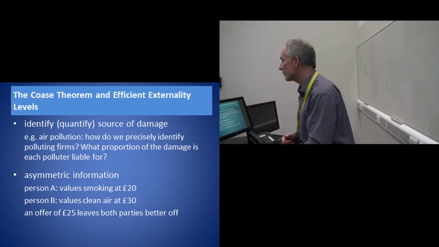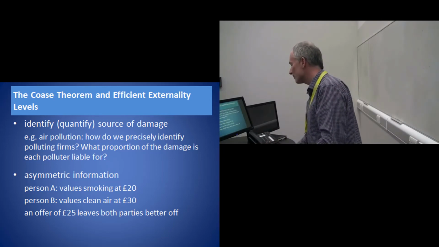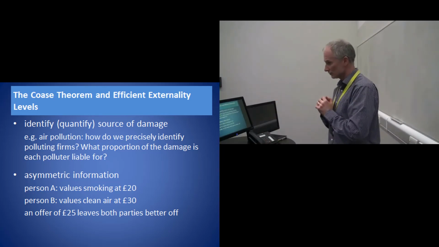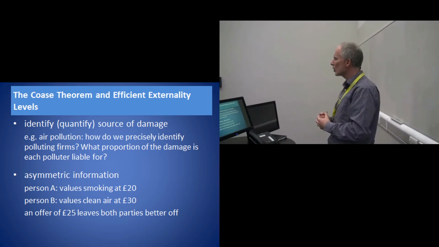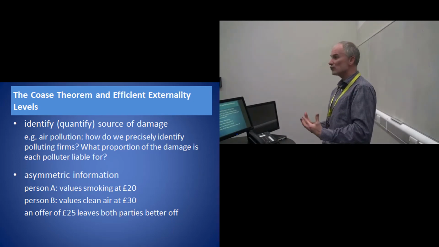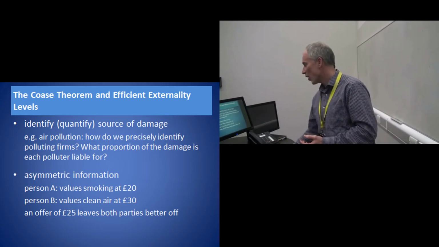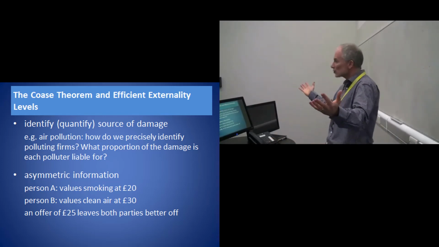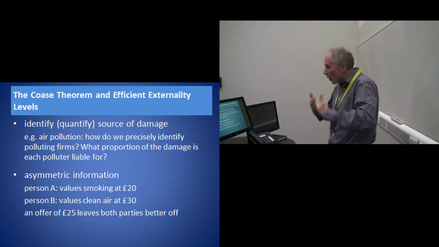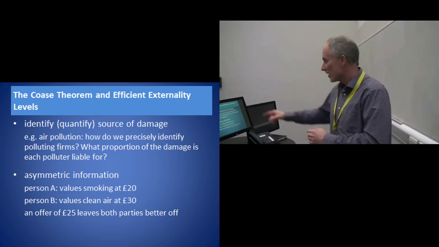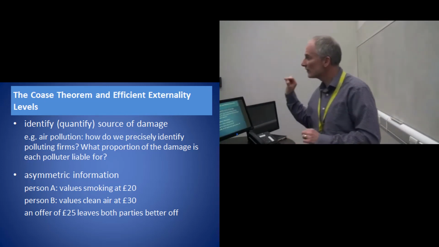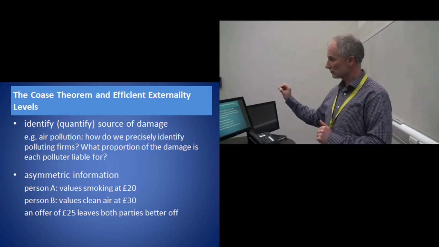He pays £25, but he would have been prepared to pay £30. Does this work for the smoker? Well, he receives £25 for something he only values at £20. So both parties are better off. That's a perfect way that the Coase theorem works.